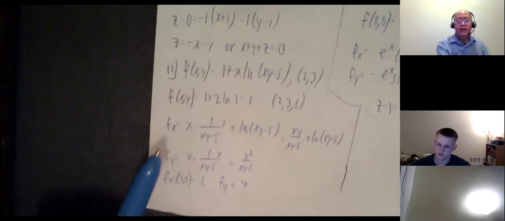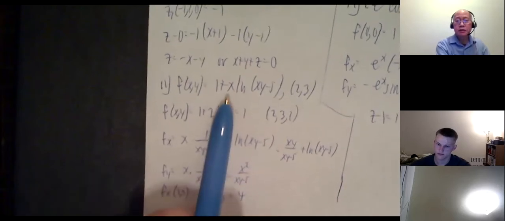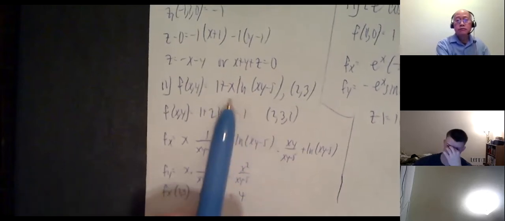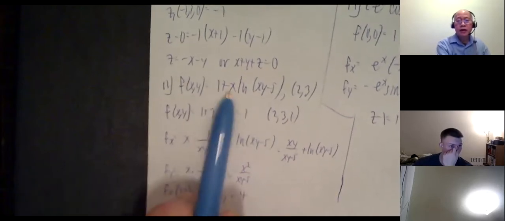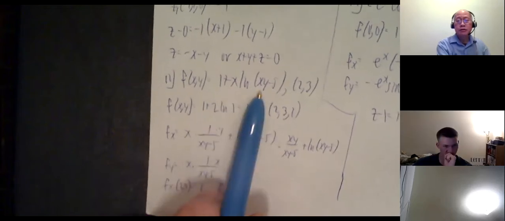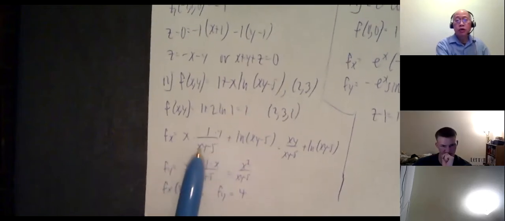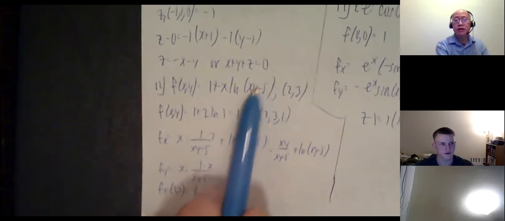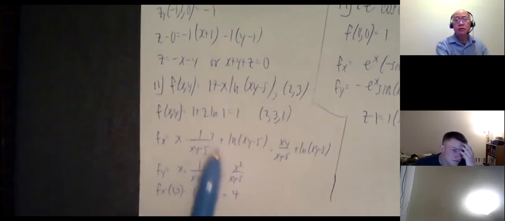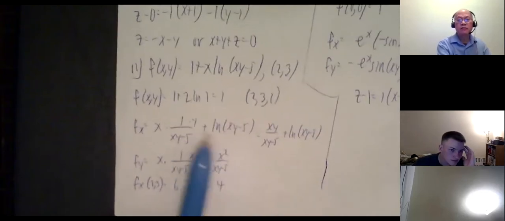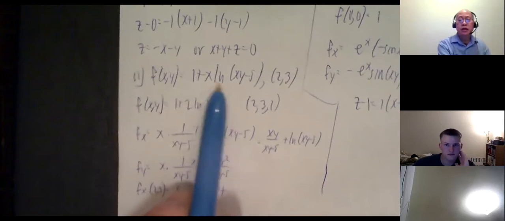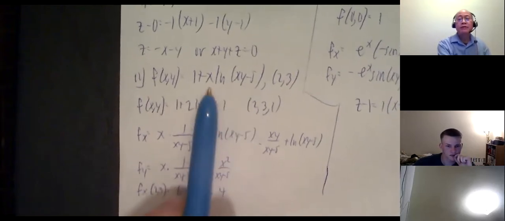All right, so fx, partial with respect to x. Product rule. First times derivative of the second, x times 1 over xy minus 5. Then by the chain rule times the derivative of the inside with respect to x. That's a y there. Plus second function, ln of xy minus 5, times the derivative of the first. Derivative of x is 1.